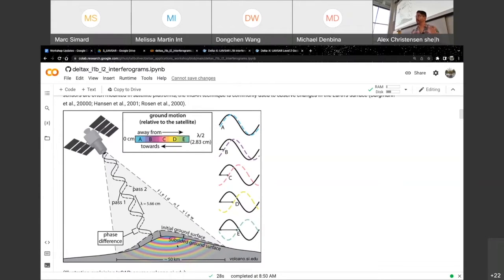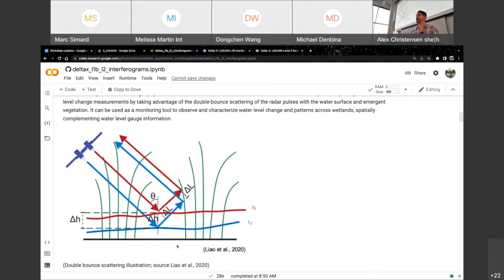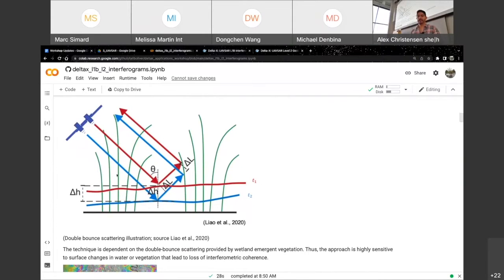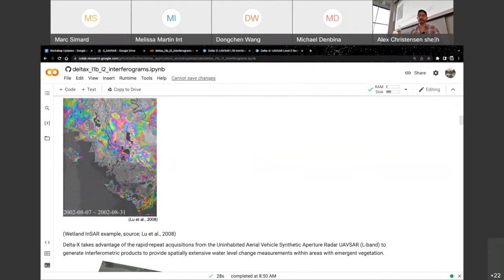In our case, what we're quantifying is water level change. And just remember that, for us to see water level change, we really want the vegetation to be there and to have double bounce so that we can get signal back to the sensor. And again, the example that we've seen before, where the satellite shows low coherence, because there's low coherence in the delta, we have noise in the interferogram in the Delta-X area.